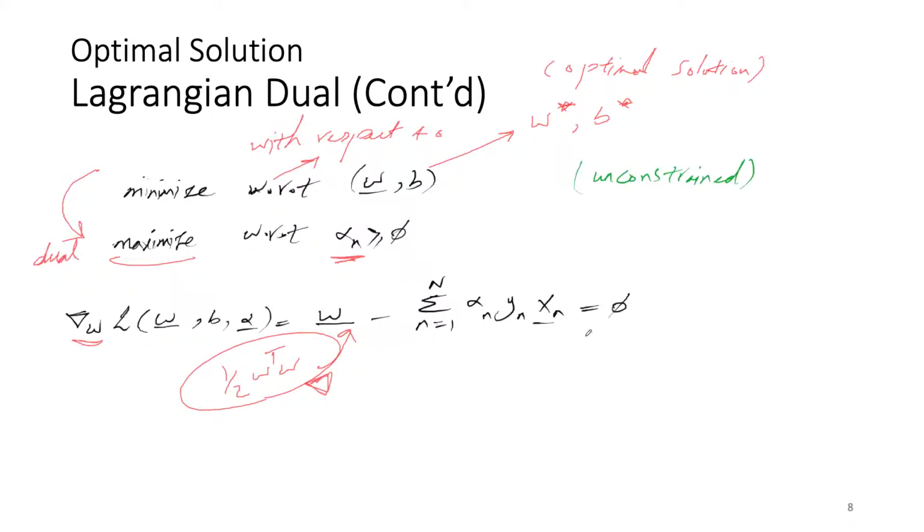So now we need to solve this. In this case, w would be, you bring the rest to the other side, w would be the summation over n of alpha_n multiplied by y_n x_n, right? So using the gradient of the dual, we can find w this way.